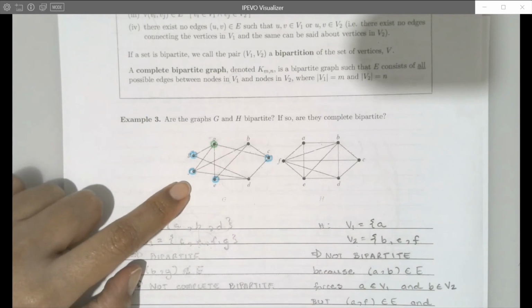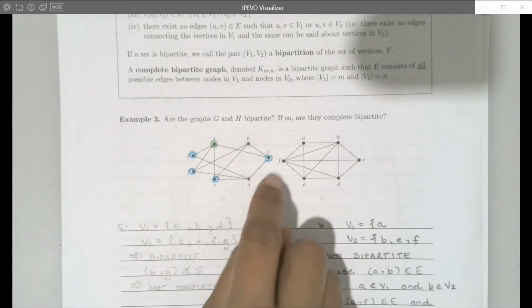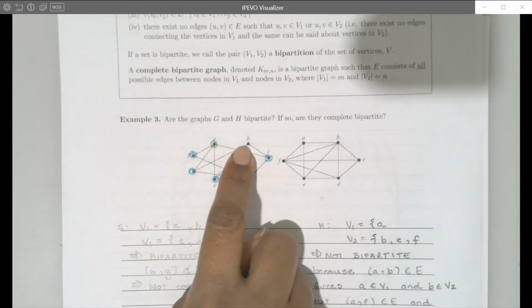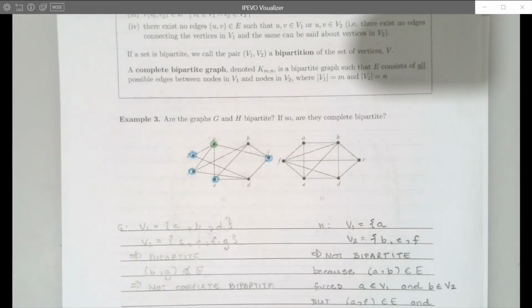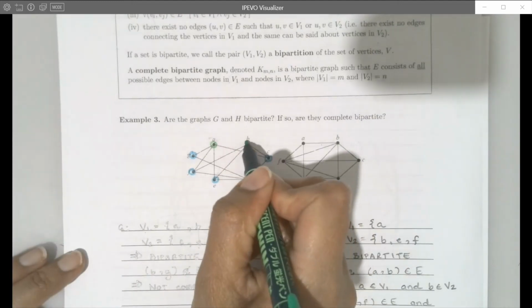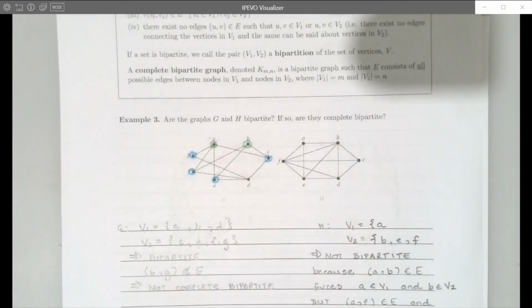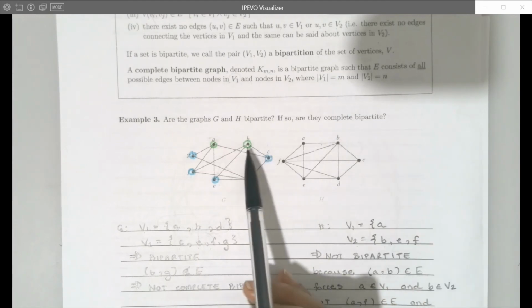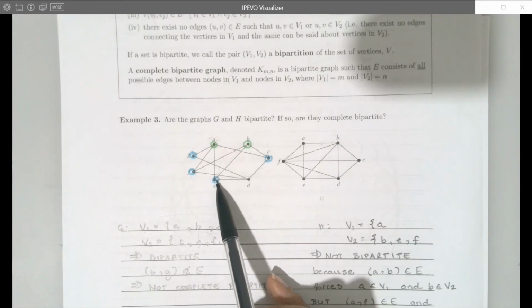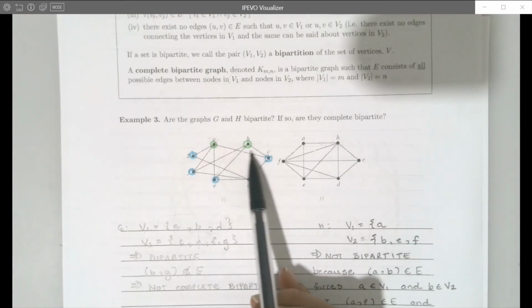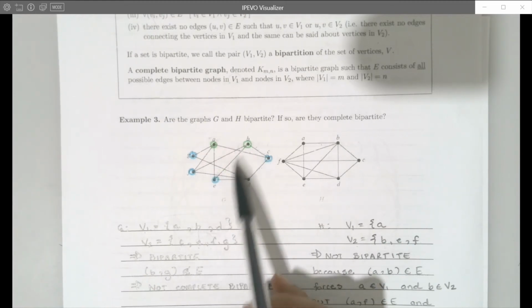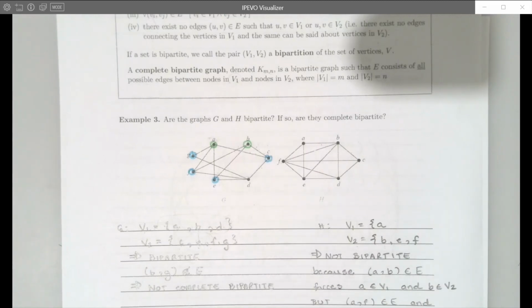Okay. Then because C is blue and it's connected to B, that means that B needs to be green. Okay. And green is now connected to blue and connected to blue there as well. So these 3 nodes are consistent so far with the requirement.